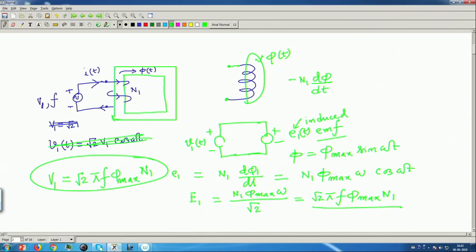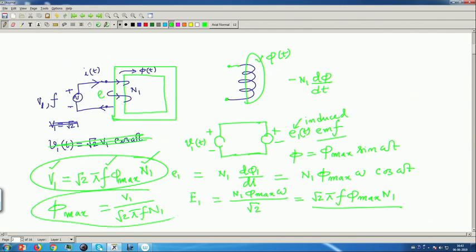The applied RMS voltage is known, V1; the induced RMS voltage is E1, and these two must be the same, because KVL is to be satisfied in the primary. If that be the case, in this equation, what are the things I know? V1 is known, the supply frequency is known, N1, the number of turns, is known, and phi max is equal to V1 by root 2 pi f into N1.